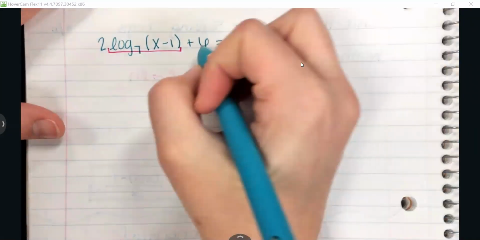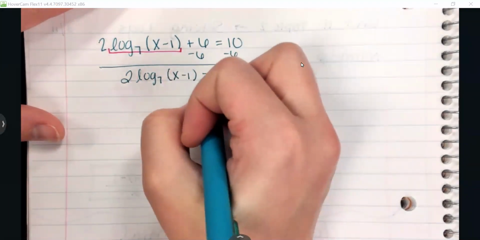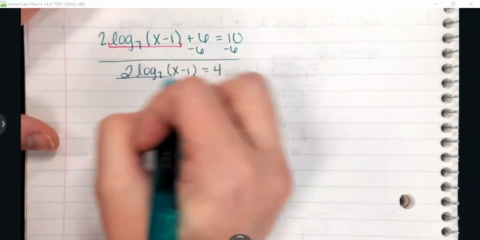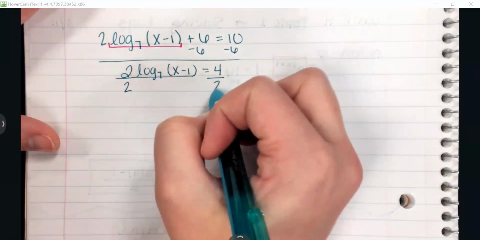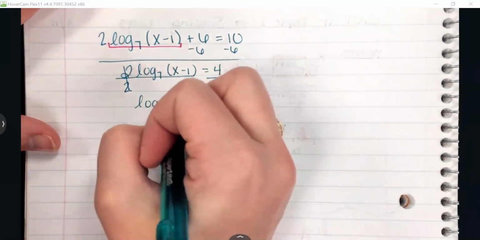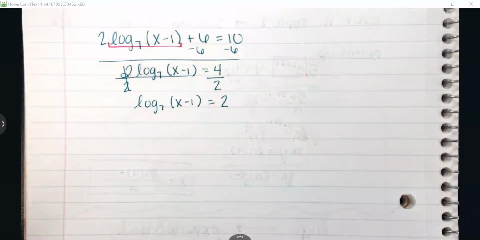So I'm going to subtract 6 first from both sides. So I have 2 log base 7 of x minus 1 equals 4. That 2 is still outside my log, so I'm going to divide everything by 2. So I have log base 7 of x minus 1 equals 2.